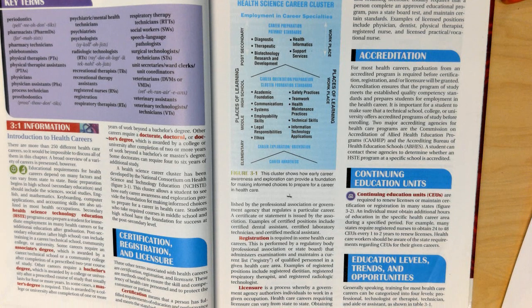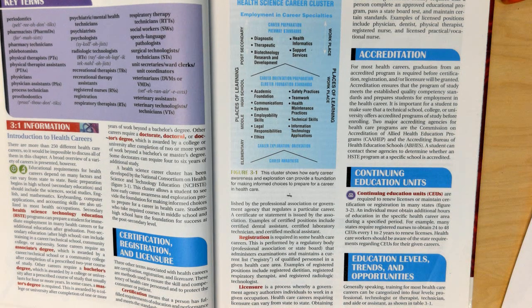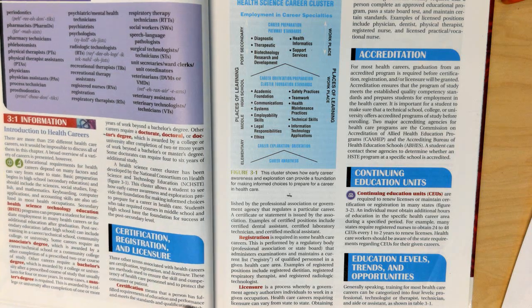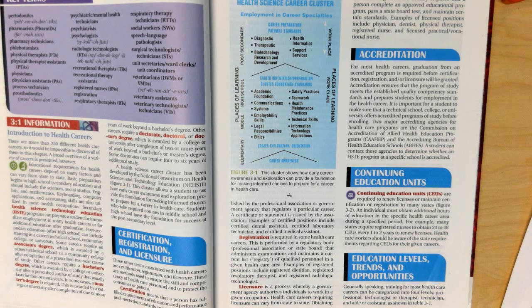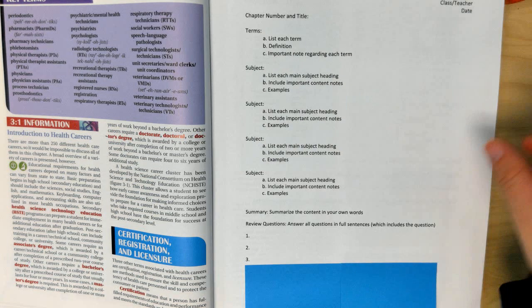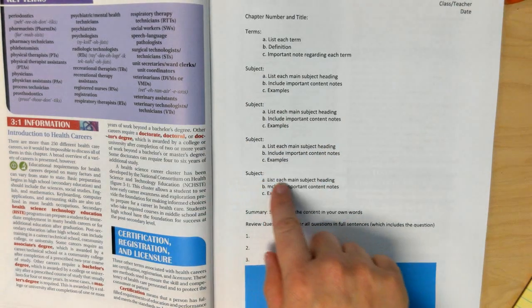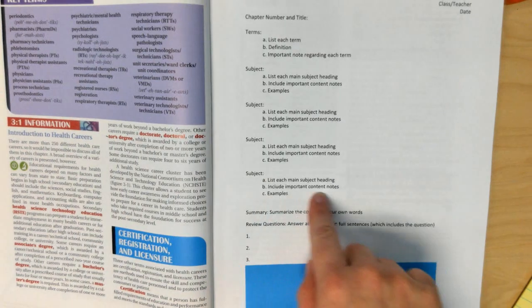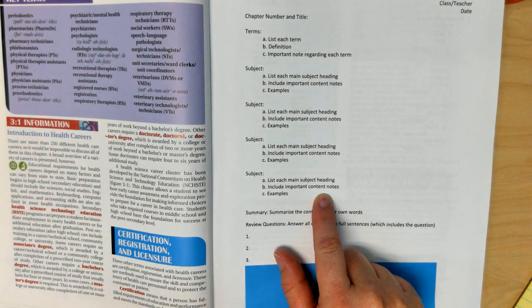Now, chapter 3 is painstakingly long. It's 40 pages, but I want you to take all of these step by step and make sure you understand each section. Up here I have a subject. This is just in an outline format, if you've ever written an outline before.